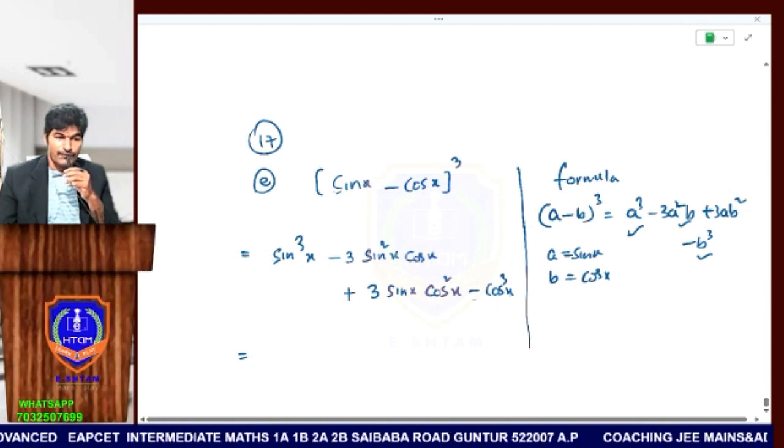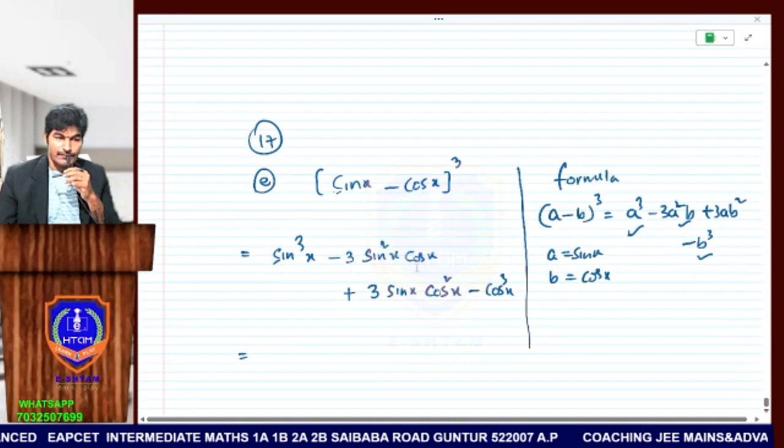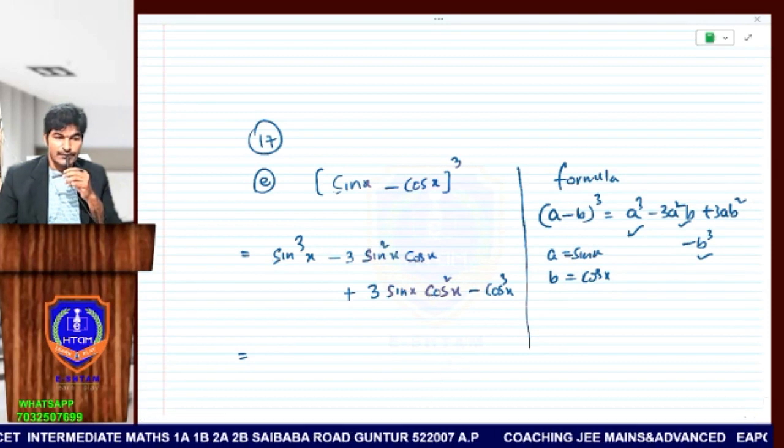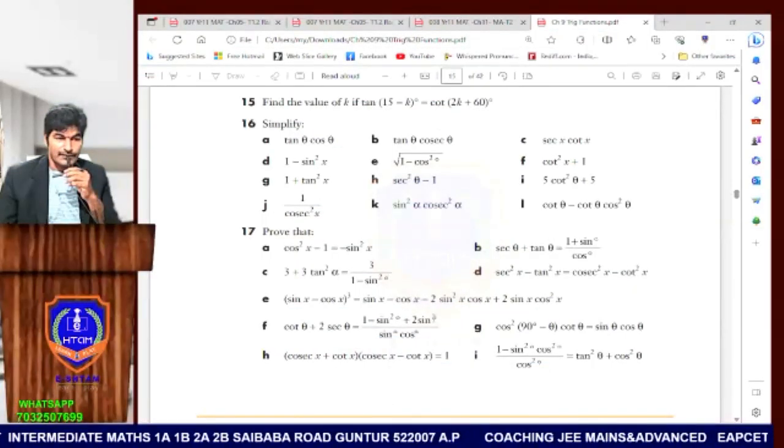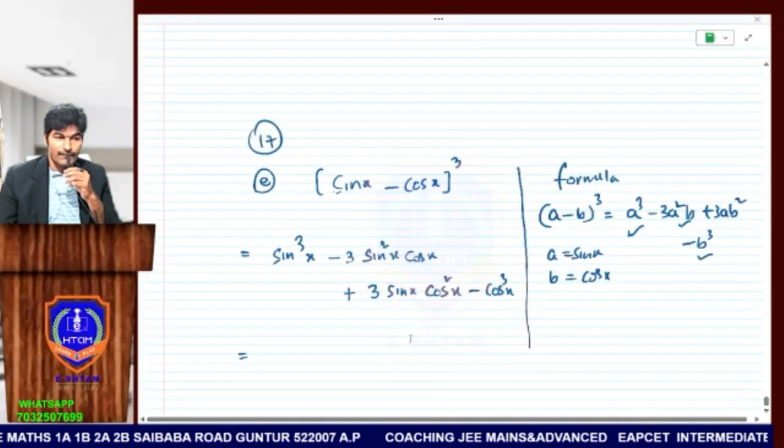After that, look at the remaining terms. The remaining terms are minus 3 sin square x cos x plus 3 sin x cos square x. Right? So just check one more time the result. The result has only one sin square and one cos square, and the coefficients are 2's only, not 3. Only 2's.